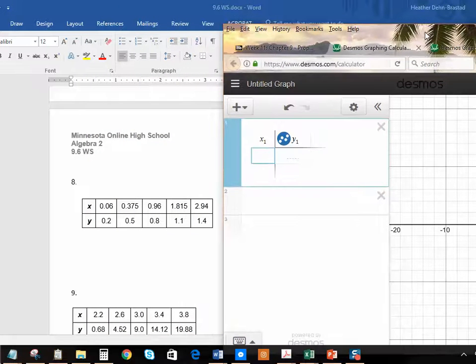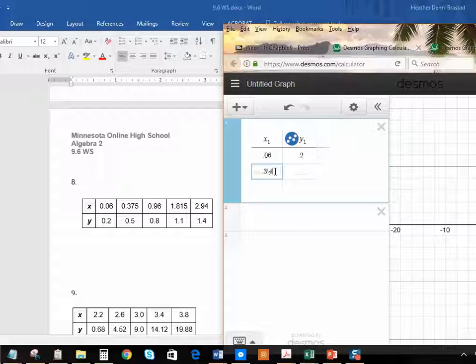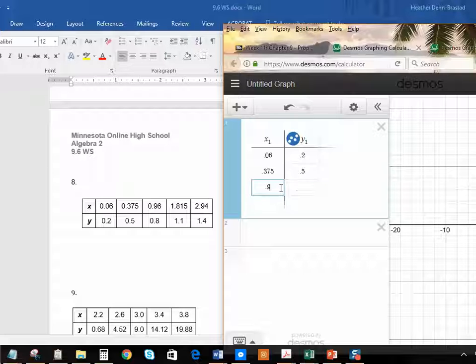And these are my values to enter. So I need 0.06, which goes with 0.2, and then 0.375, which goes with 0.5, 0.96 goes with 0.8.